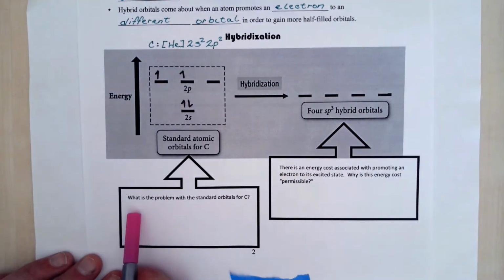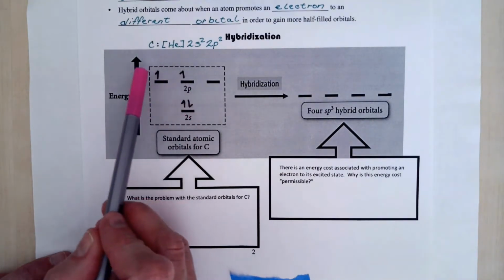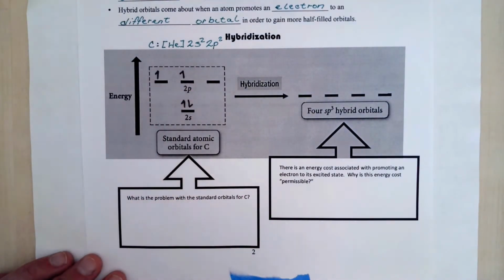So what's the problem with the standard orbitals for carbon? What's the problem with our current electron configuration? Well, we know that in order to covalently bond, orbitals must be half filled.